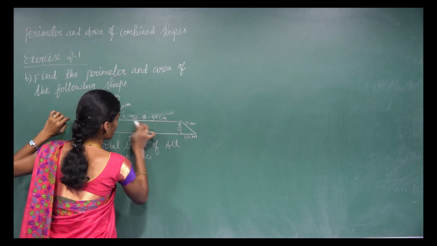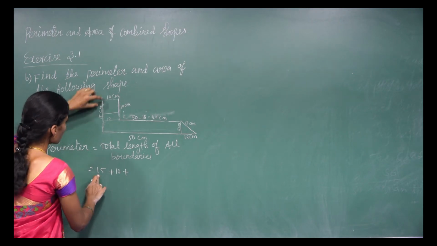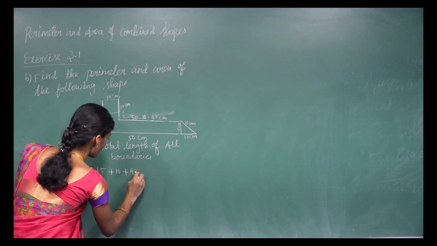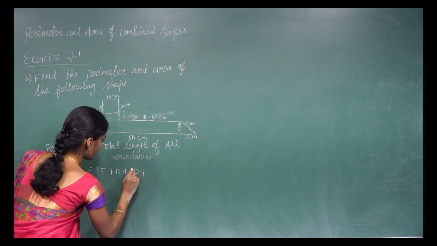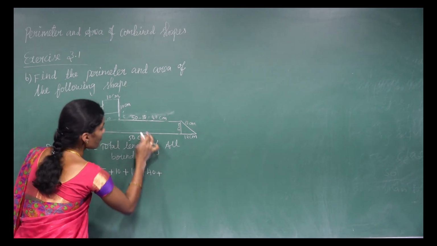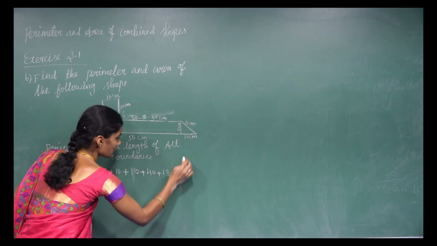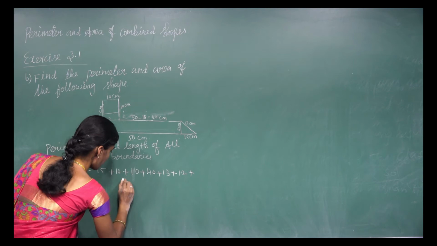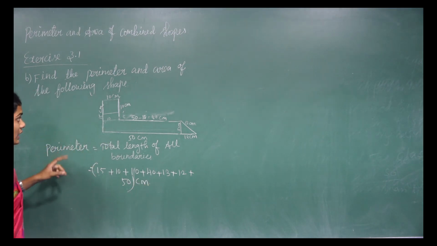So here this portion is 40 centimeter. Next, 15 plus 10. This portion also 10. Next this portion is 40. Then 10, then 40. Next this outer is 13. Next this outer portion is 12. Next this side is fully 50 centimeter. Can you understand that or not?